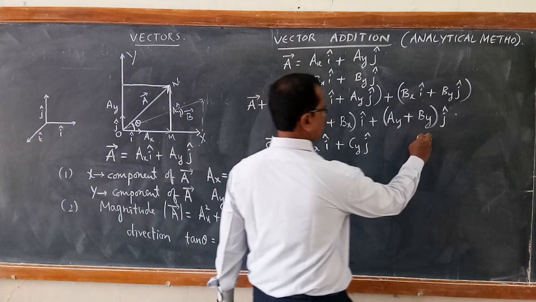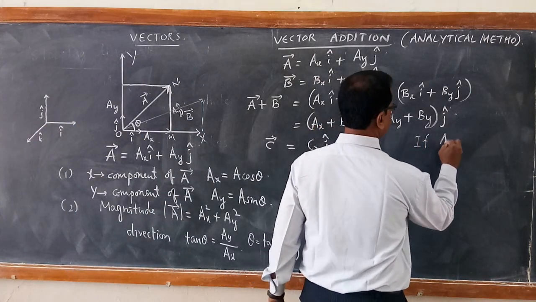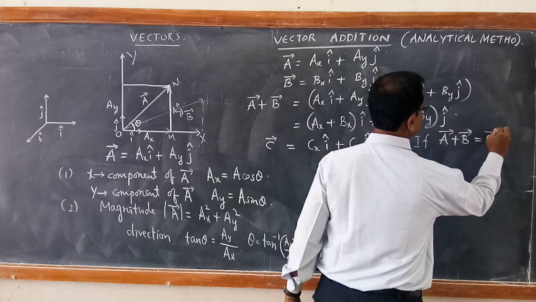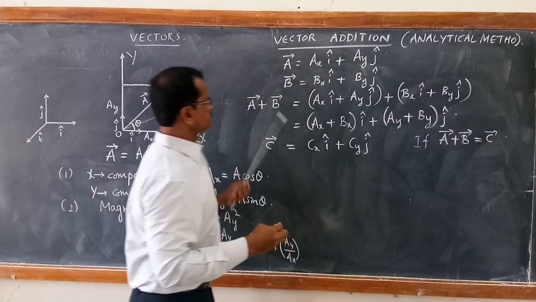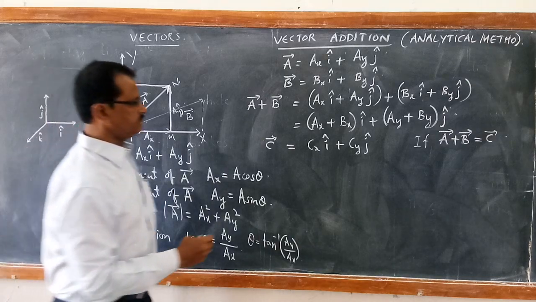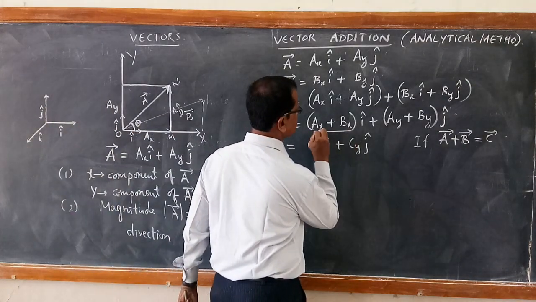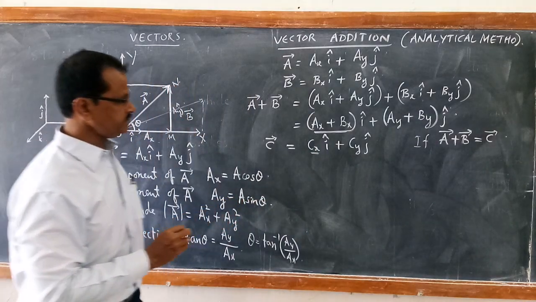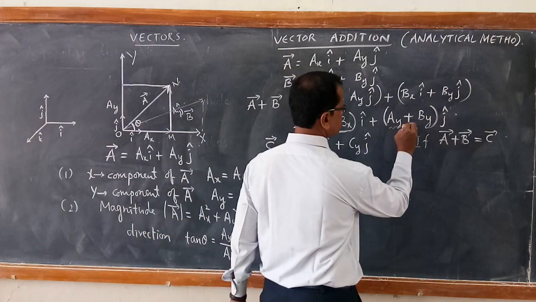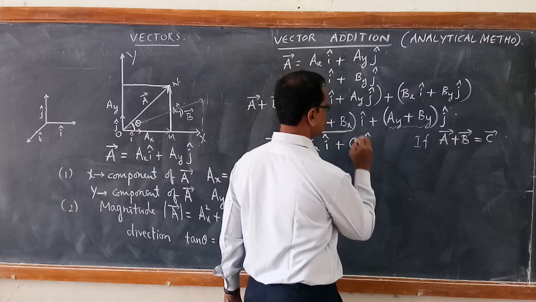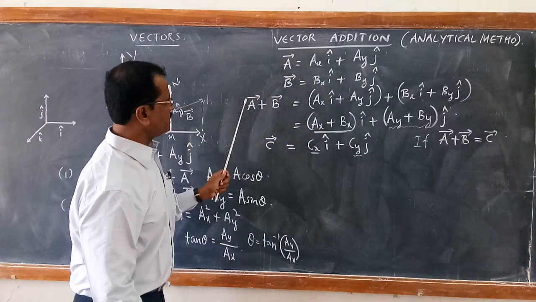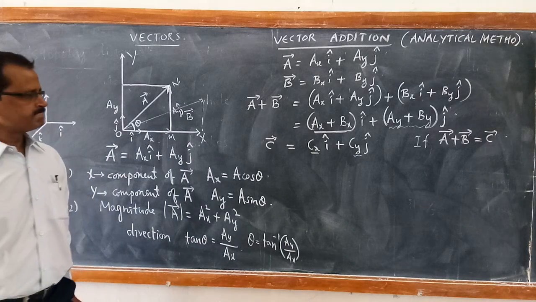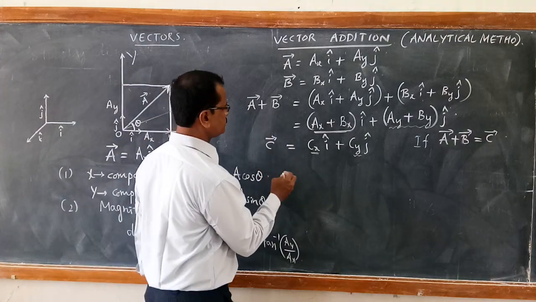So if vector A plus vector B is equal to vector C, then comparing, ax plus bx must give you cx, and ay plus by must give you cy.